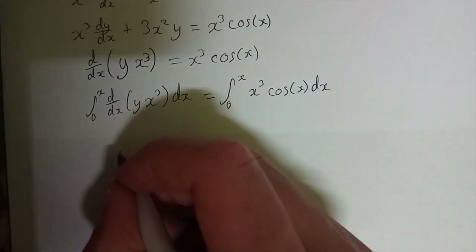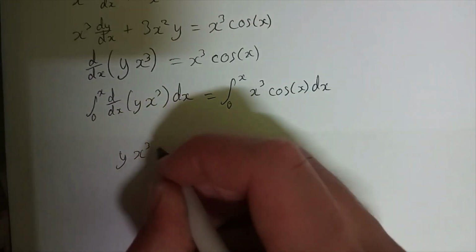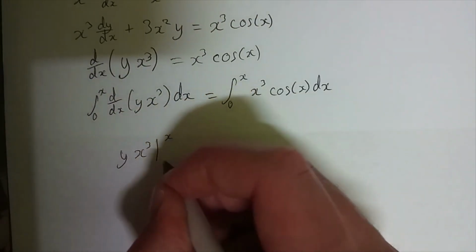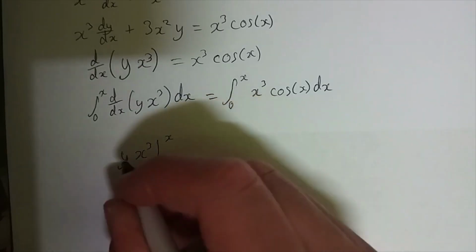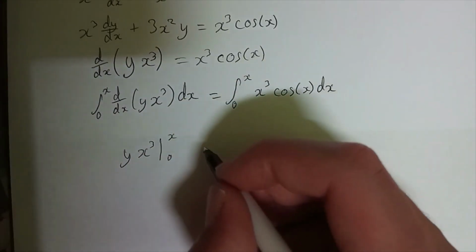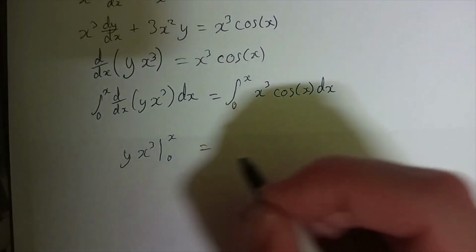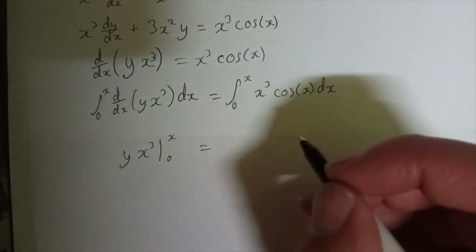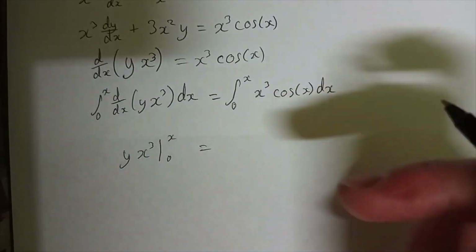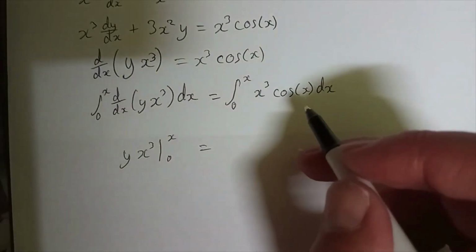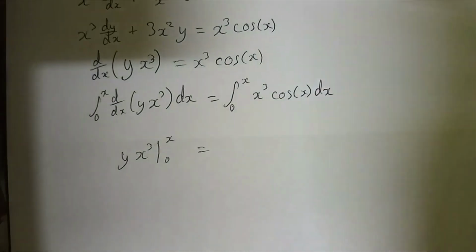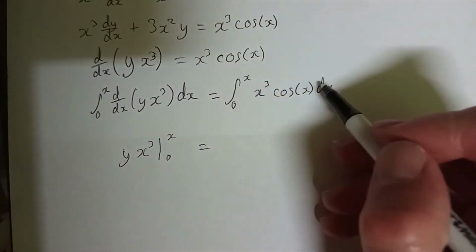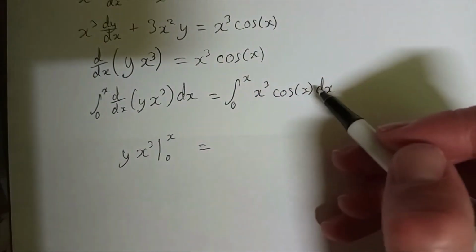So we'll just get y x cubed evaluated at x minus y x cubed evaluated at 0, equals some definite integral on the right hand side, and this can be solved using integration by parts.